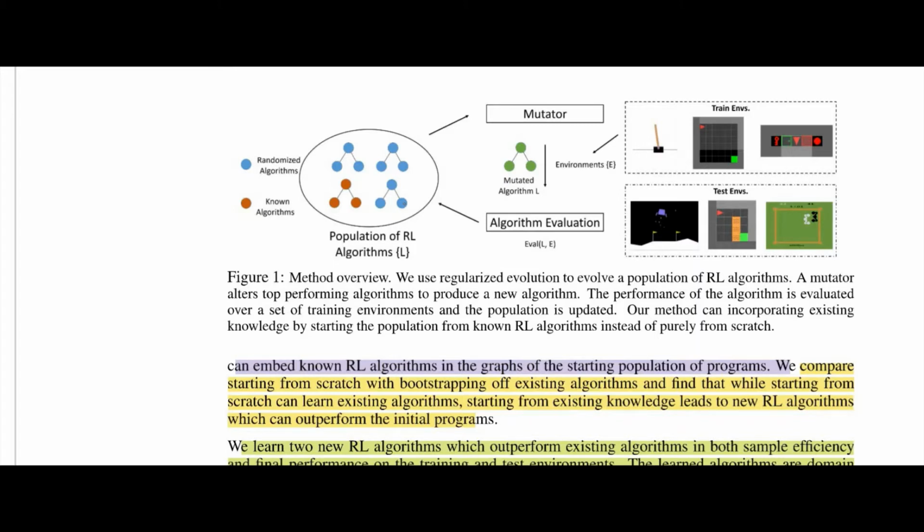So you basically start with some algorithms, you make some changes, you evaluate which one performed best, and you use those as the parents for the next generation, and this process repeats over and over until you terminate and you hopefully find a good algorithm. So this is the overview.